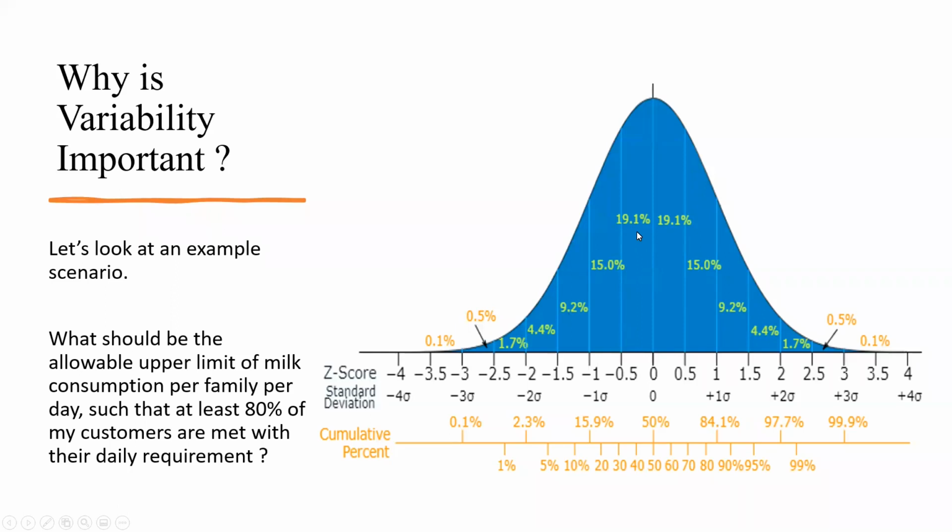This percentage is nothing but, in this particular horizontal segment there are 19.1% of customers, and since this is a symmetric perfect normal distribution, the percentages will be symmetric across the center, so 19.1% on both sides of the center, and similarly the second segment from the center will be 15% and 15%, and likewise. Now, how these percentages are arrived at, we will come to that later, but any perfect normal distribution will definitely have these percentages as they are.